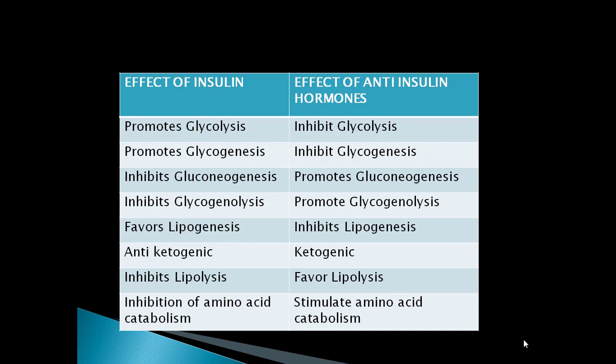Normally, that is what they do, which we are aware of now. So, after studying these contrasting effects, now we will be able to understand the metabolic derangement due to defect in insulin secretion or defect in insulin action, that is due to diabetes.